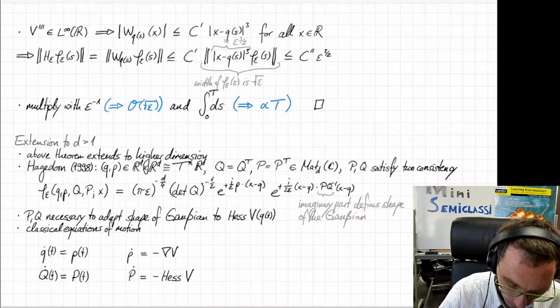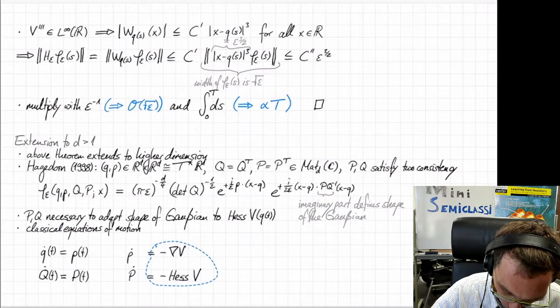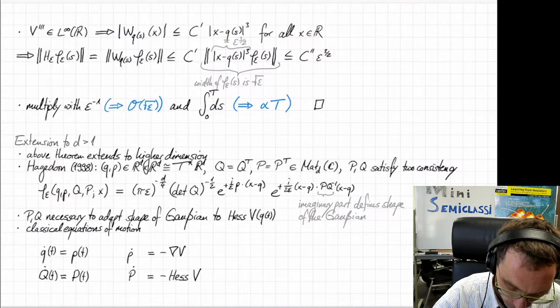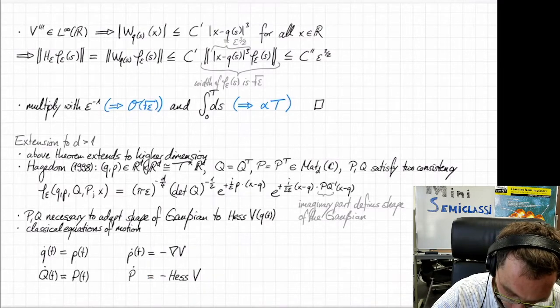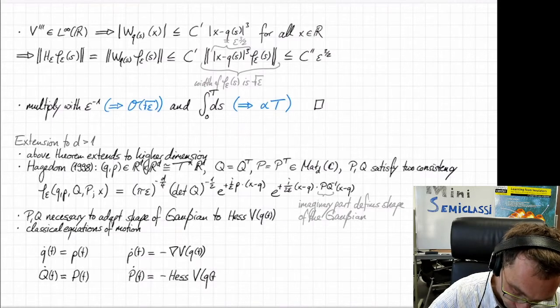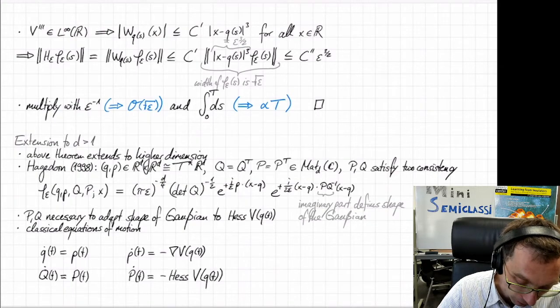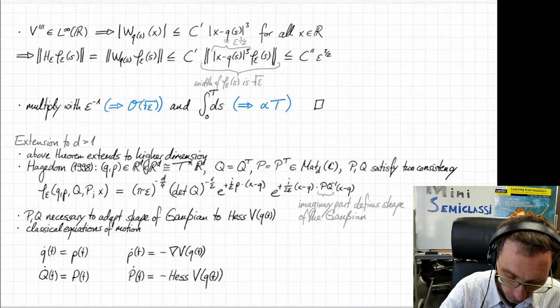So of course, the gradient and the Hessian are evaluated at the position at the center of the Gaussian wave packet.